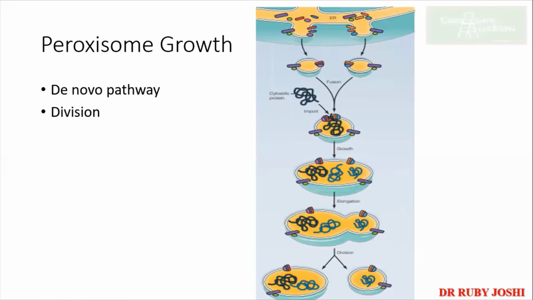Now, when does a cell decide that the number of peroxisomes should be increased? It is based on the requirement. The more tissue, the more cells carrying out metabolic pathways, the more peroxisomes you need. Based on that, it will keep on dividing. Okay, is this path clear?